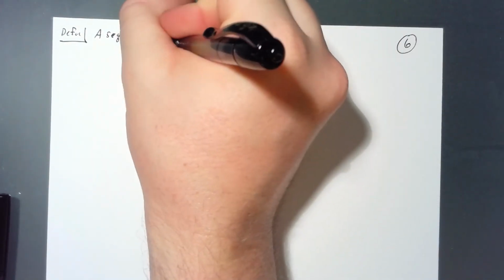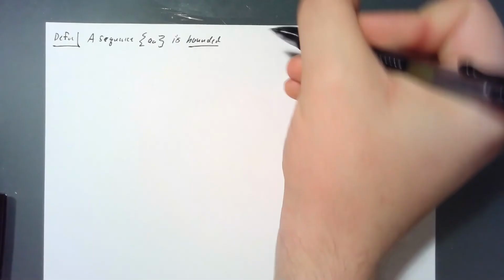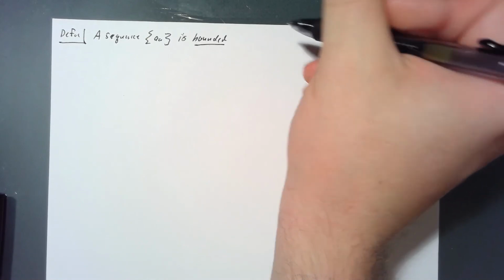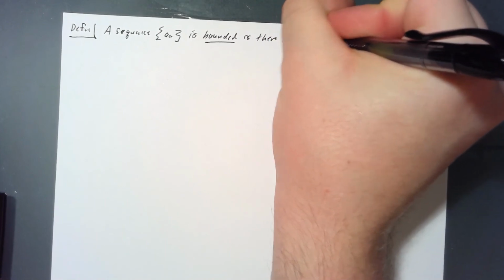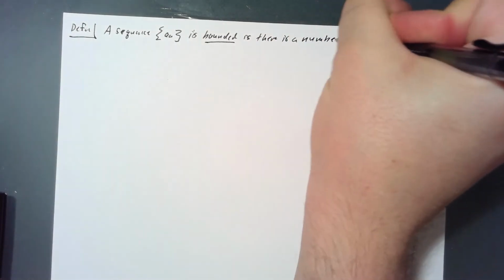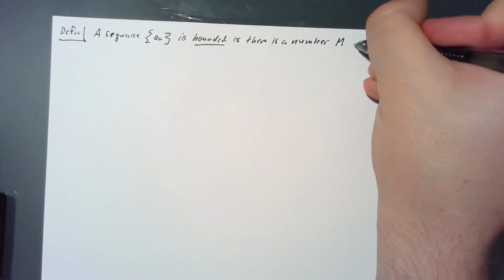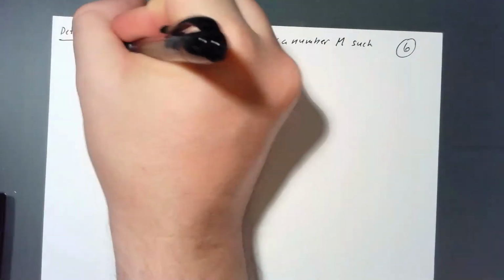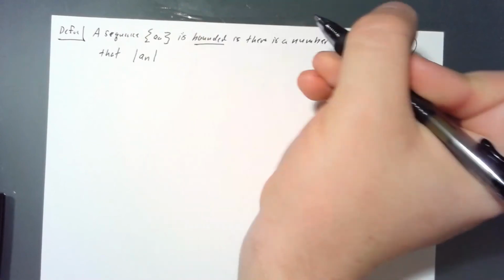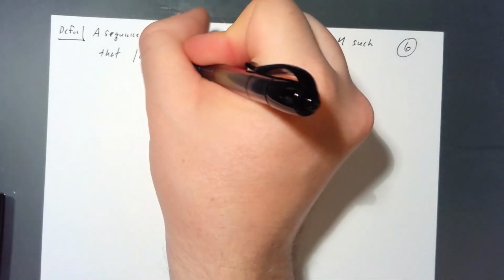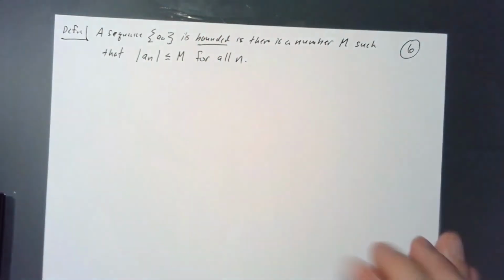A sequence a sub n is bounded if there is a number capital M such that the entire sequence is caught below M for all the terms in the sequence.